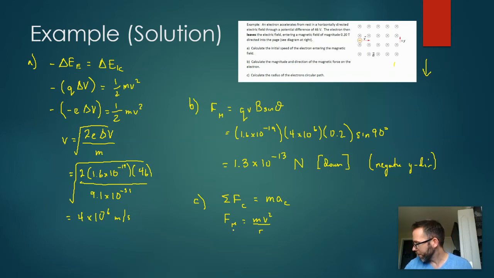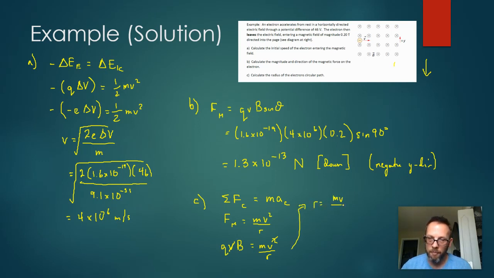And Fm from our work from earlier is equal to q times v times b, and sine theta is 1 because the angle is 90, equals mv squared over r. So these v's divide out, and if we rearrange, we get r equals m times v divided by q times b.